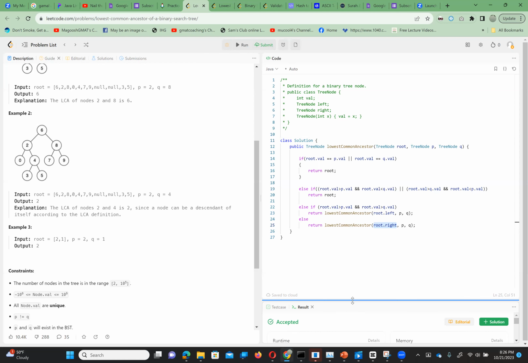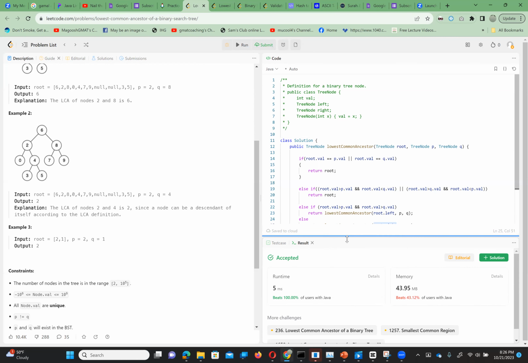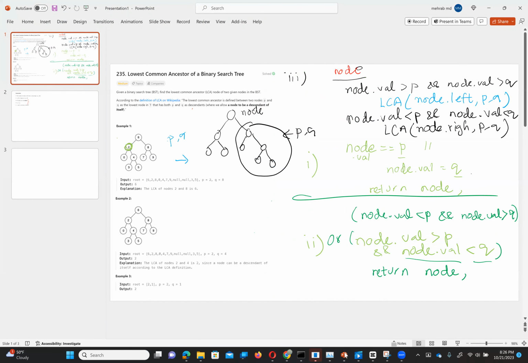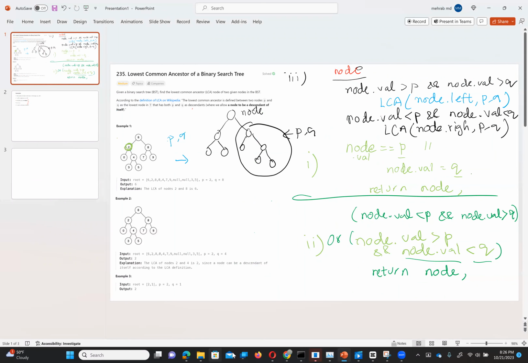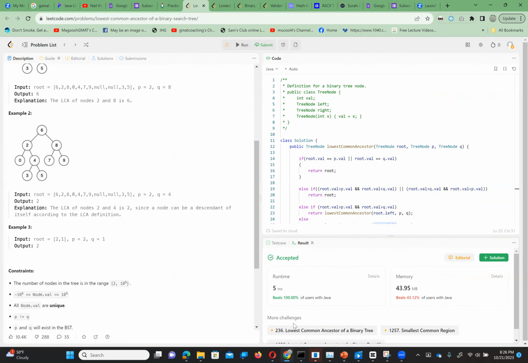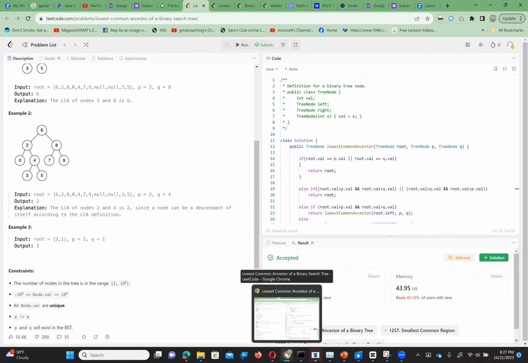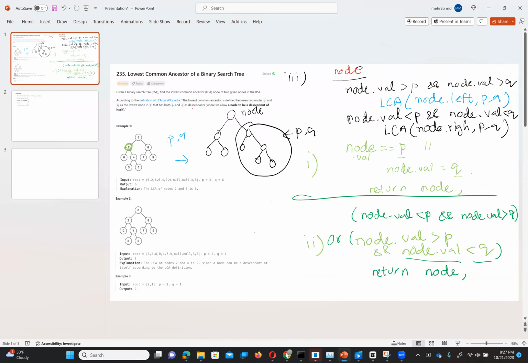And you see this one got accepted, and this one was pretty fast. And here we have basically done DFS, right? So we did DFS here. So that means we visited each node once.